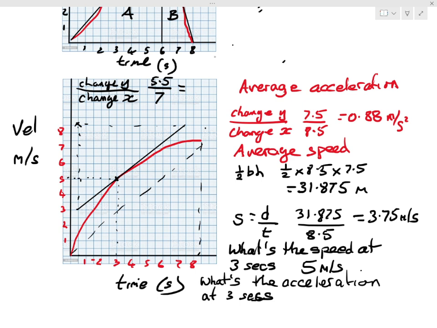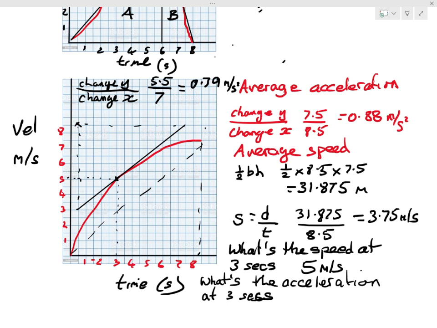So the acceleration at 3 seconds is 5.5 divided by 7, which equals 0.79 meters per second squared acceleration. And that's the way to do it.